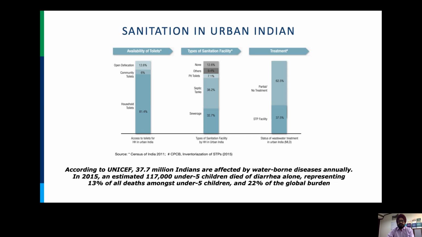And the STPs, which are sewage treatment plants, are only capable of, at the moment, treating 37.5% of the wastewater generated. And these are figures from the CPCB report of 2015-16.